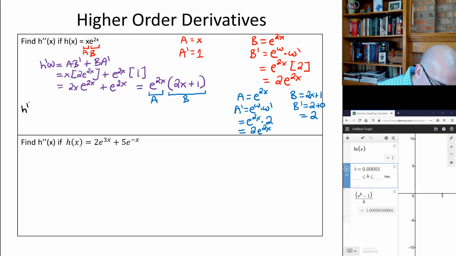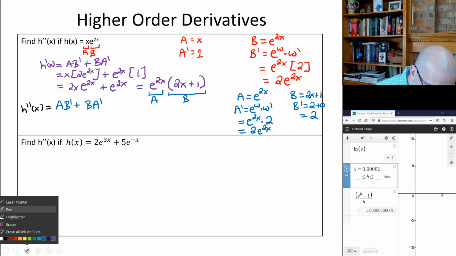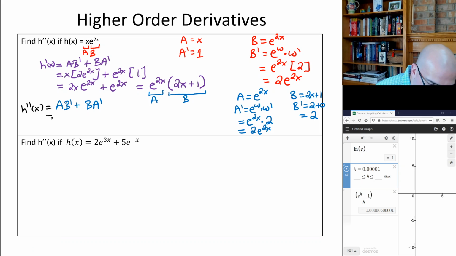So h double prime of x is going to be the blue ab prime plus ba prime. So a is e to the 2x, b prime is 2, plus b, which is 2x plus 1, and then the a prime is 2e to the 2x.